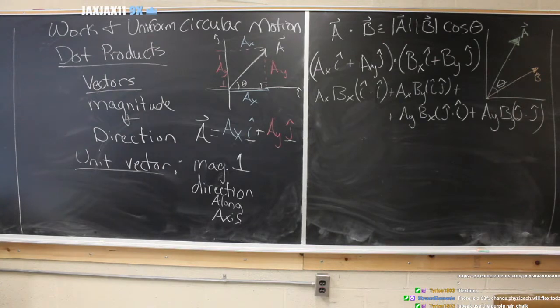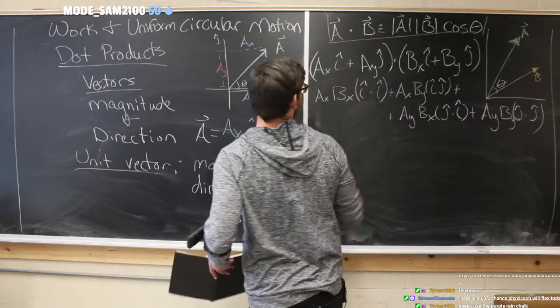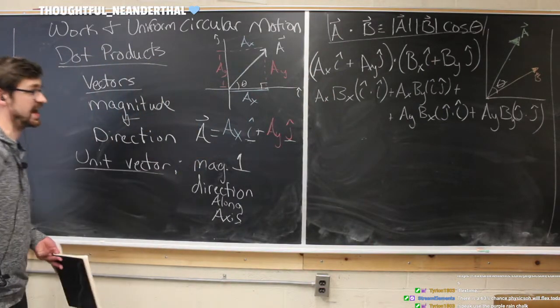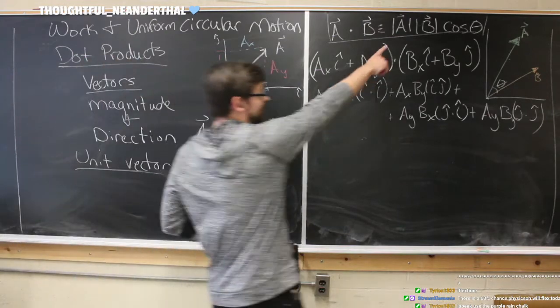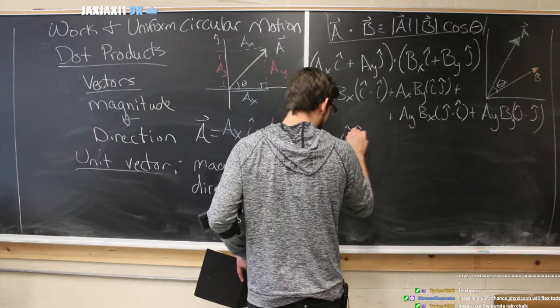basic definition of the dot product, and knowing what we know about unit vectors, i.e. the unit vectors have magnitude 1 and direction along the axis, we can figure this out relatively simply, right? So i hat dot i hat is the first one.